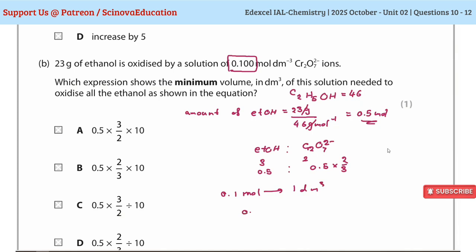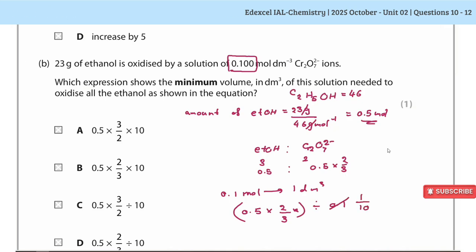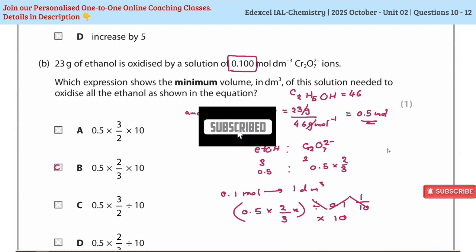To find that, 0.5 times 2 divided by 3, this whole thing divided by 0.1. Instead of 0.1, we can write 1/10, and dividing by 1/10, we can write as times 10. So the answer should be 0.5 times 2 divided by 3 times 10, which is the option B.